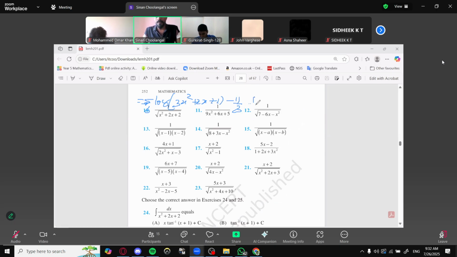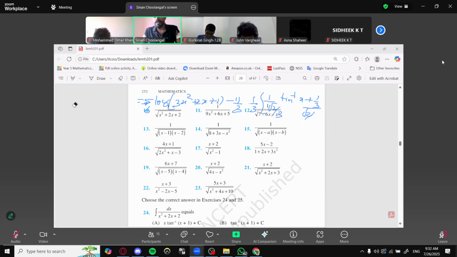I took that 1 by 3 also out. 1 by a, where a is root 2 by 3, tan inverse of x plus 1 by 3 divided by root 2 by 3.